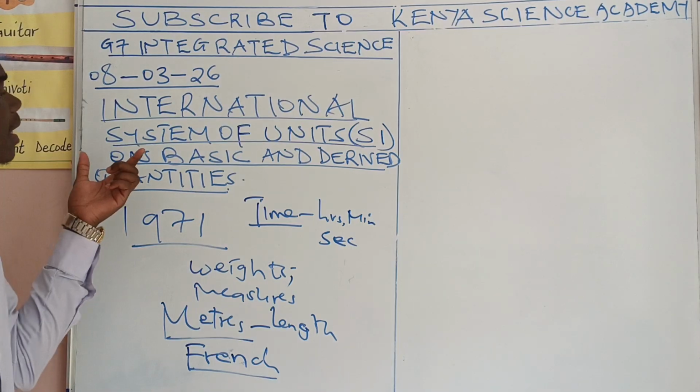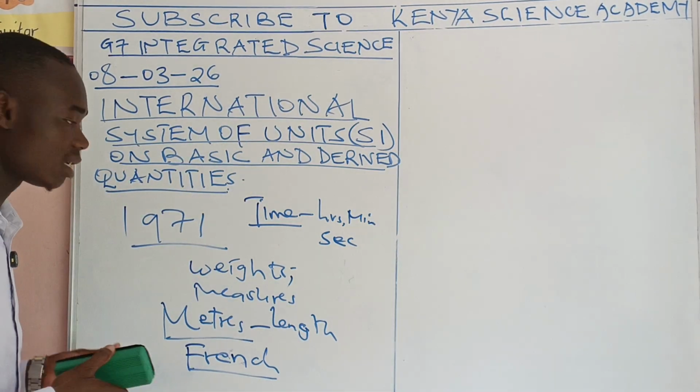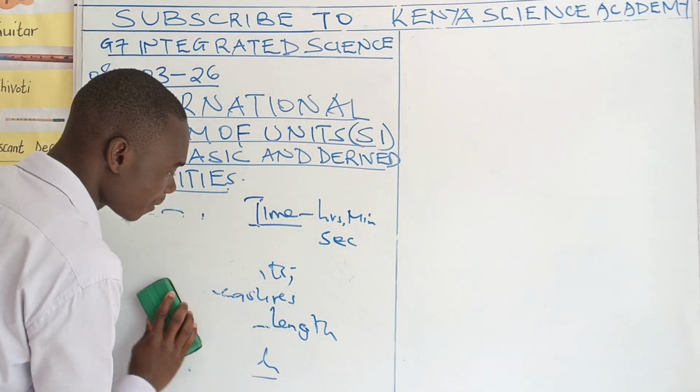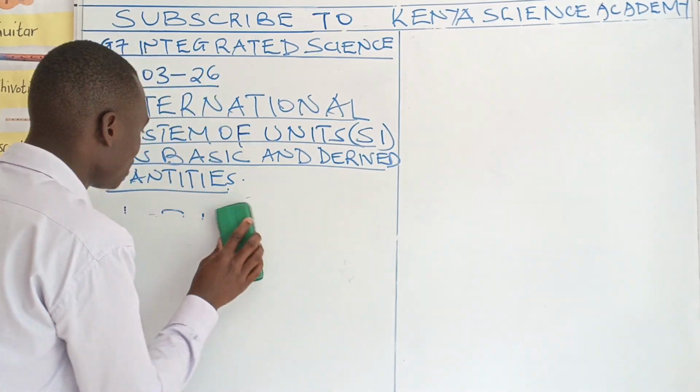So we have derived and basic quantities.